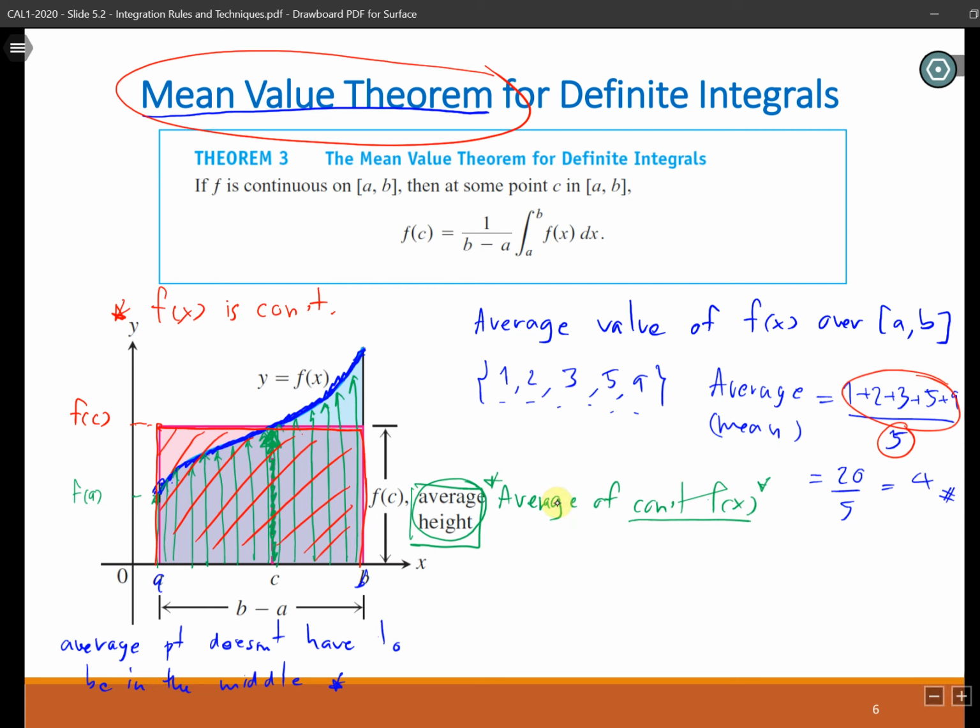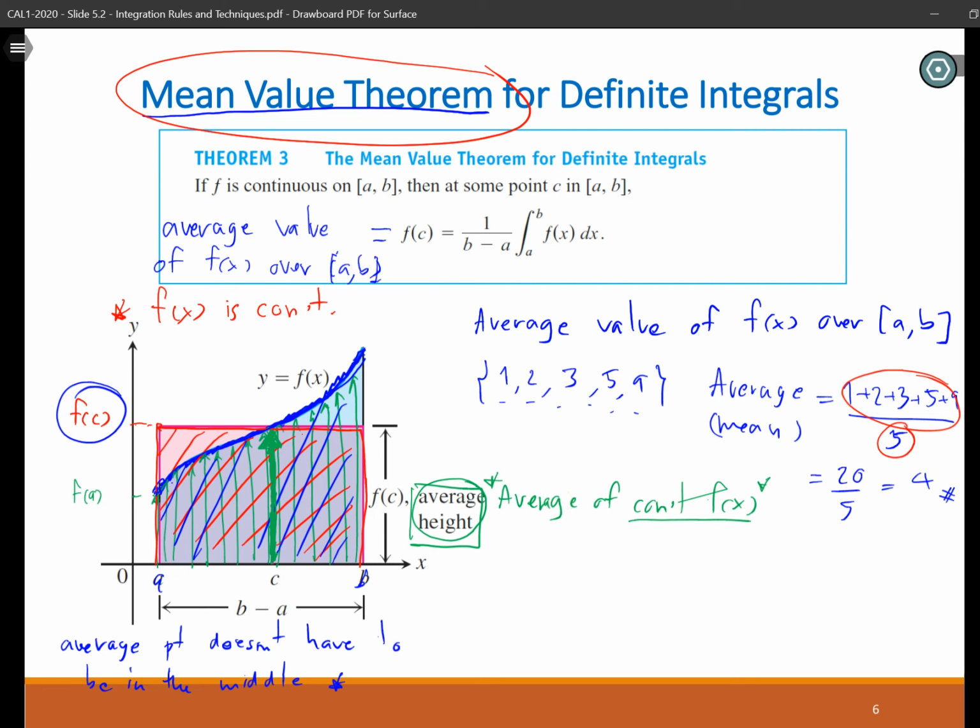All right? Which means that if you want to find the average of the continuous function, it's going to be the same as this f(c), because as you can see, the height we are looking at right here is equal to f(c), which means that this is equal to the average value of f(x) over a and b, this range a to b.